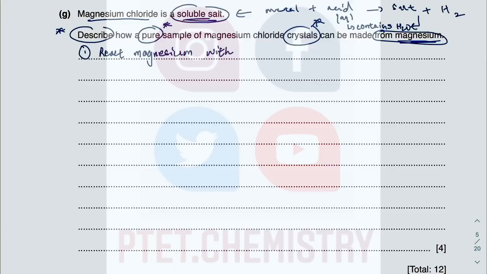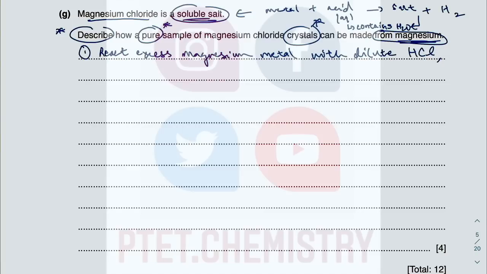Alright, react, maybe I should use the word excess. Alright, I should definitely use the word excess magnesium. React excess magnesium metal with dilute, you could use HCl or H2SO4, it shouldn't matter.